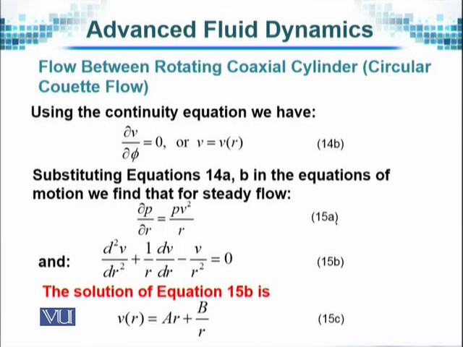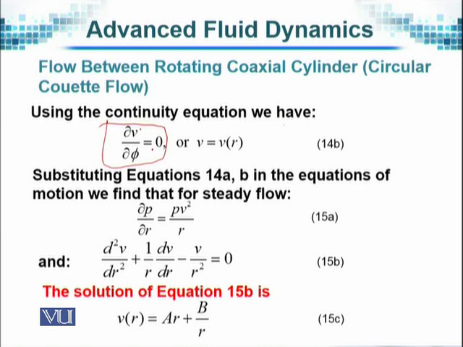From the continuity equation, we will obtain this result. The other component vanishes. Since the partial derivative with respect to phi vanishes, it is obvious that v does not depend on phi. v depends on r, the radius.